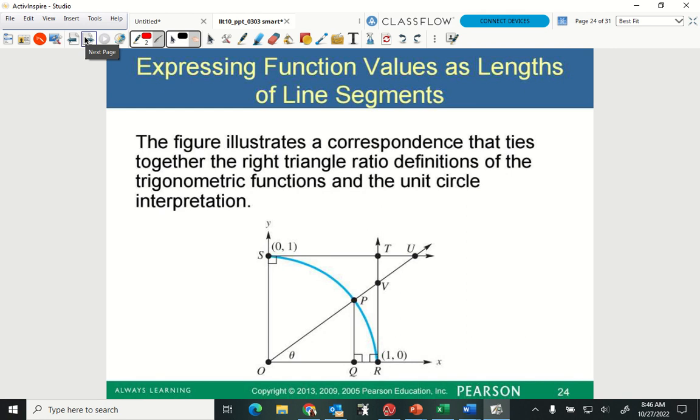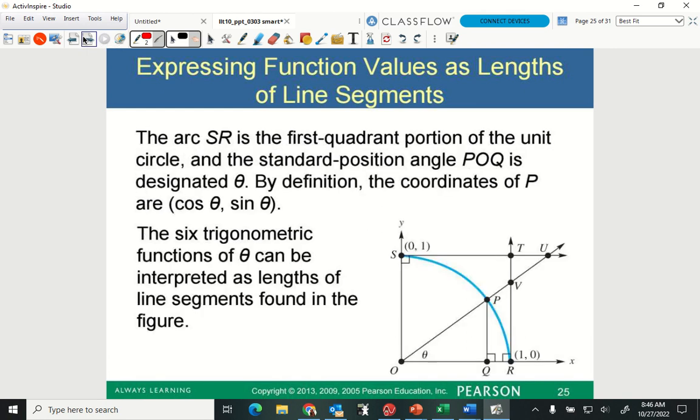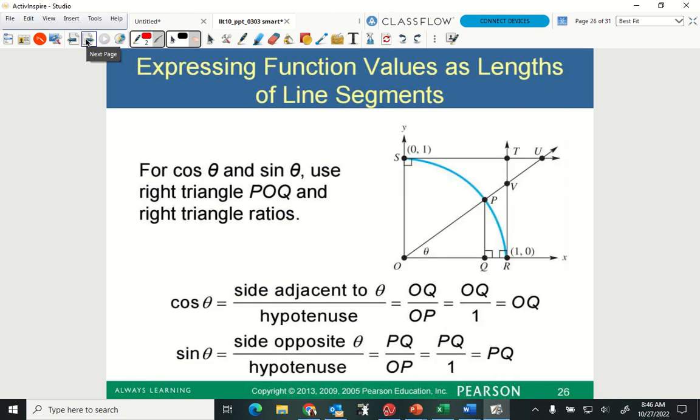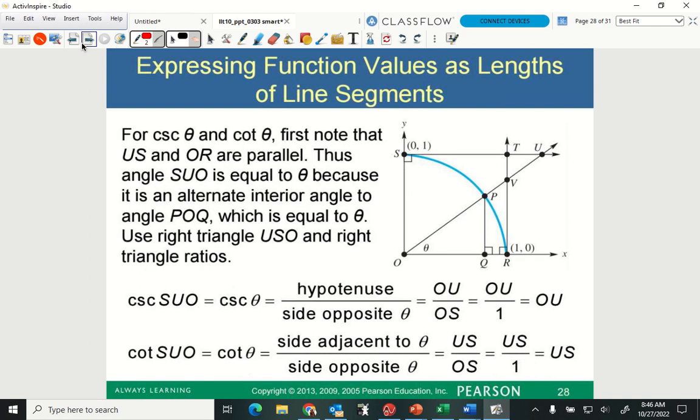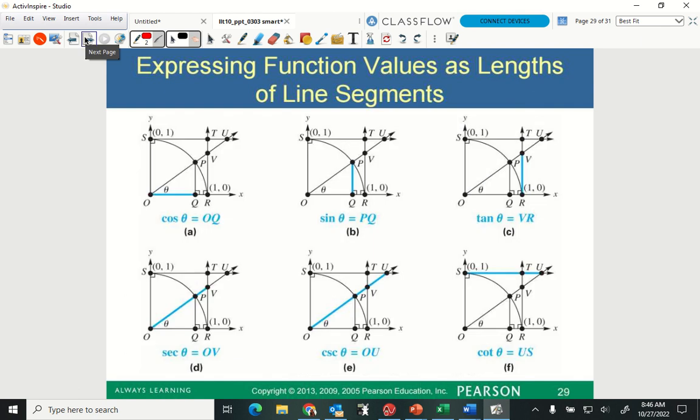Wait, hold on. Links, line segments. Sine, cosine. What the hell's all this? We already know all this. Where'd these notes come from? I don't even remember doing this. Are they on the paper too?